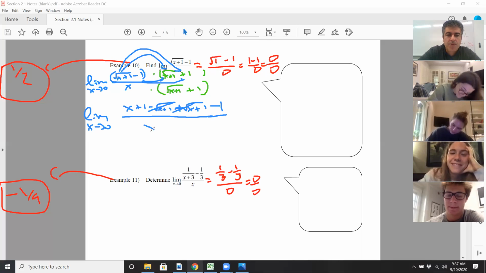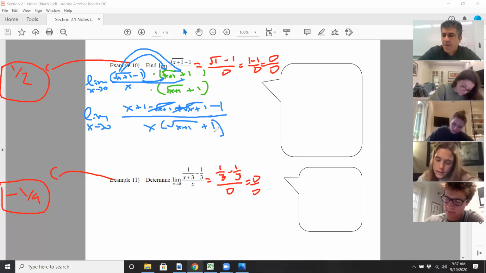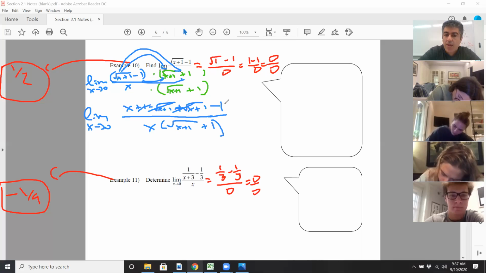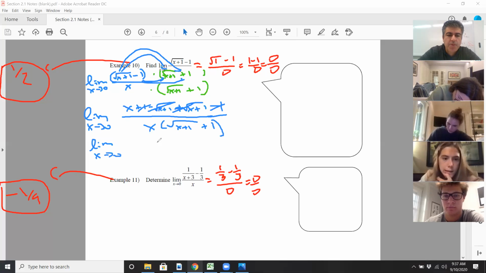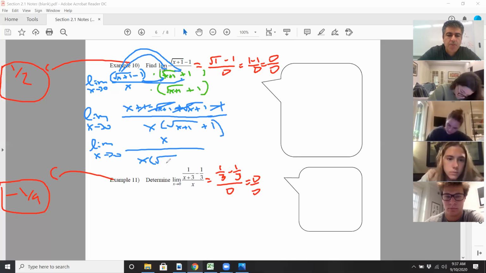At the bottom, of course, is just this. No need to distribute the x, because we're going to substitute anyway, so don't bother. The whole point is to get things to cancel. That's why we taught you the whole rationalization stuff. And actually, the 1 and negative 1 cancel out as well. So now I got the limit as x approaches 0 of x all over x times root x plus 1 plus 1.